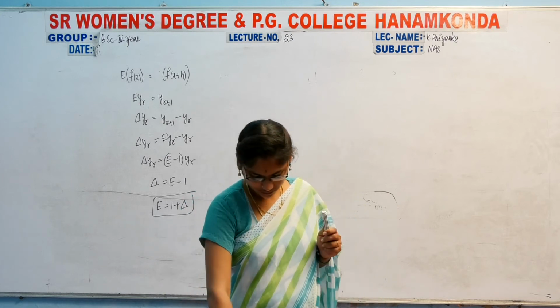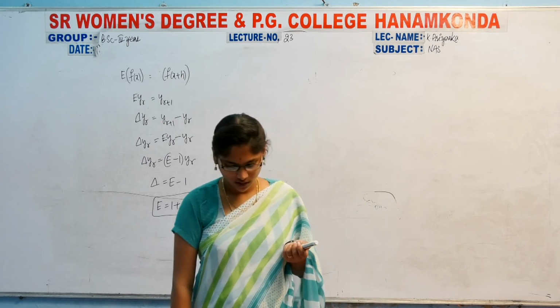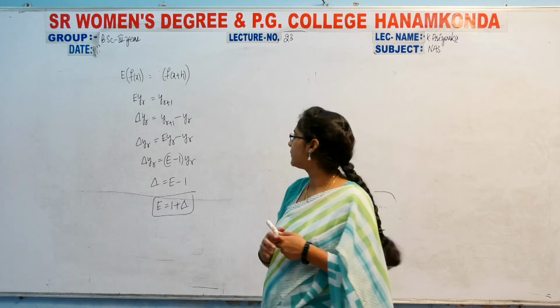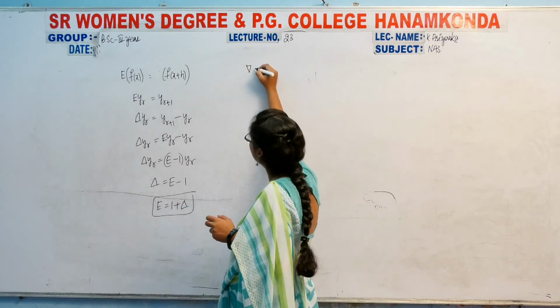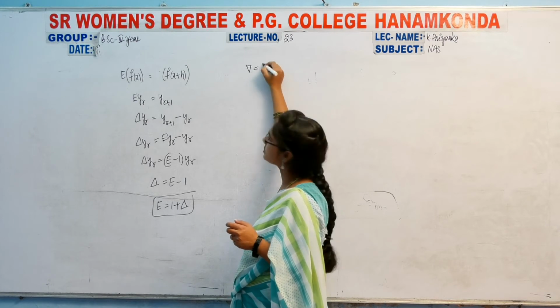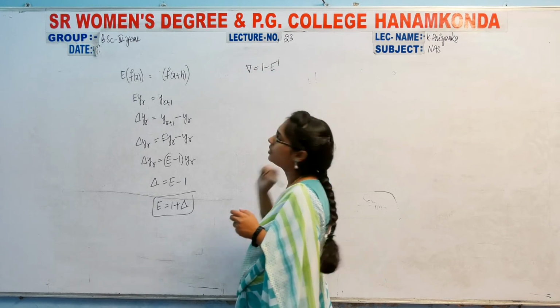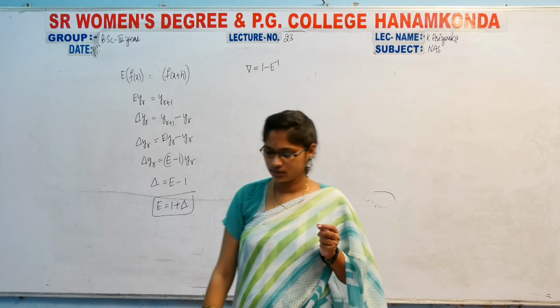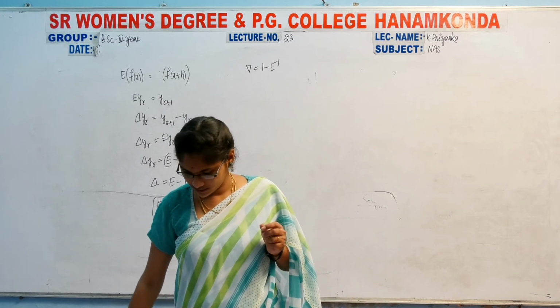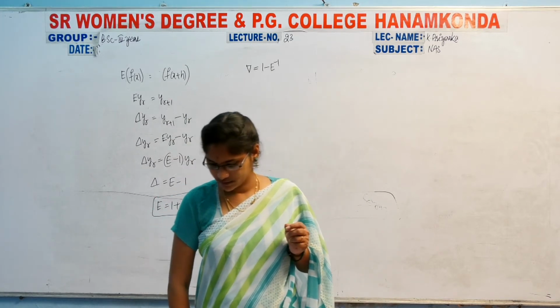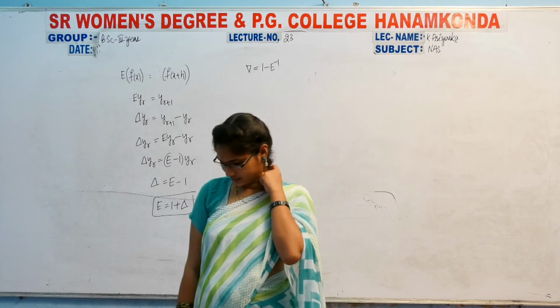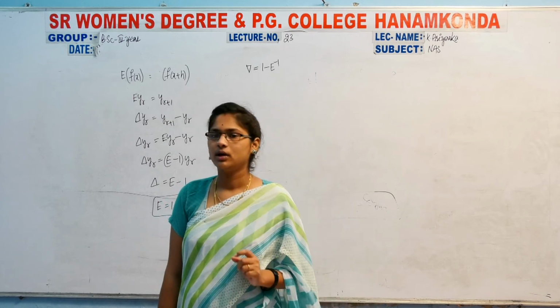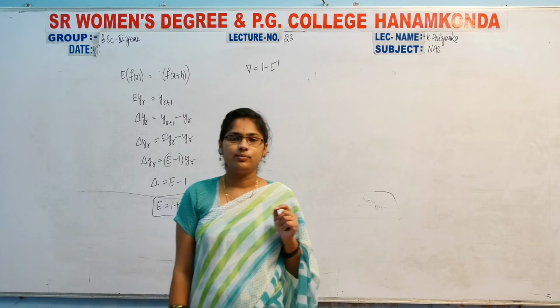Next, write the next question. Prove that backward difference is equal to 1 minus e power minus 1. Now write down the proof.